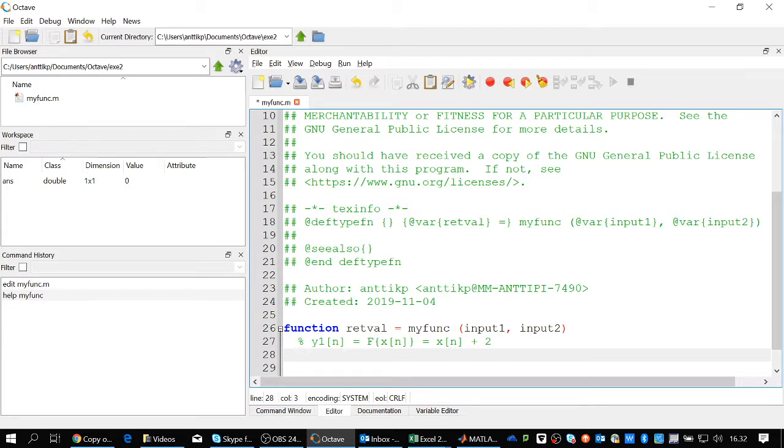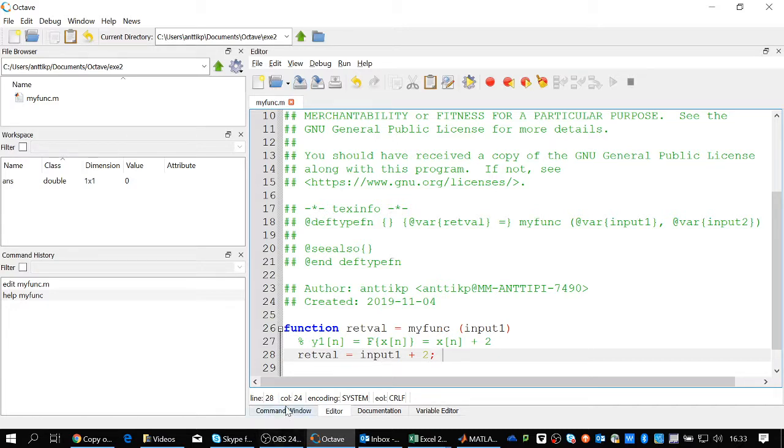So my function, it's basically defined so that I have only one input. Okay, no two inputs needed, and it basically just adds number 2 to my input. Simple function.